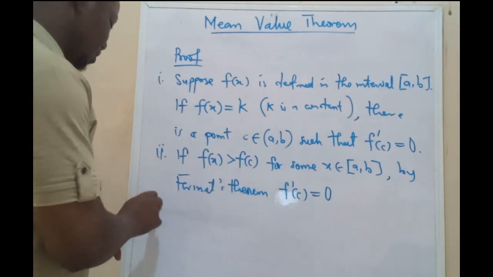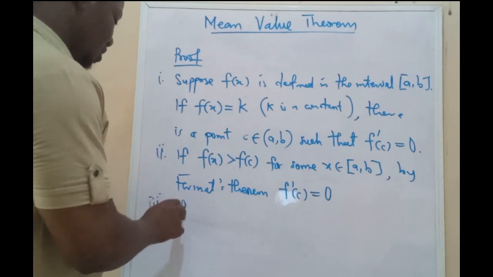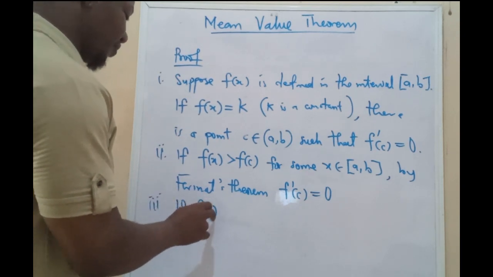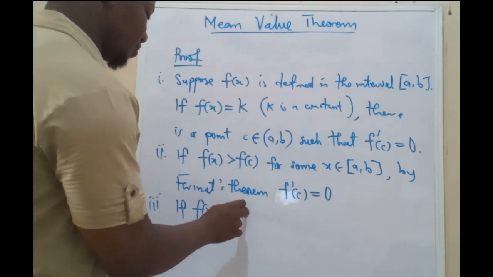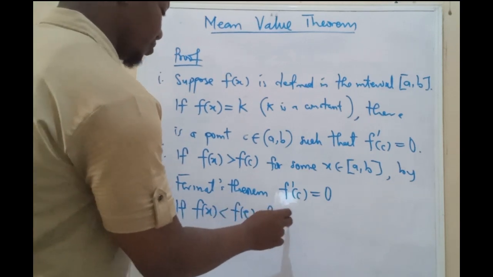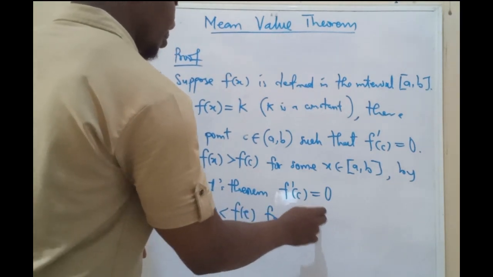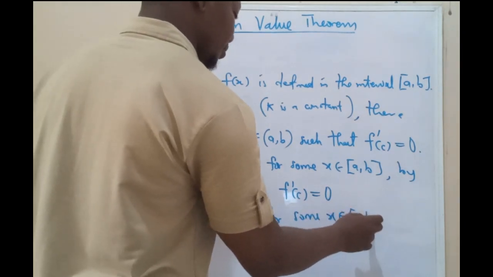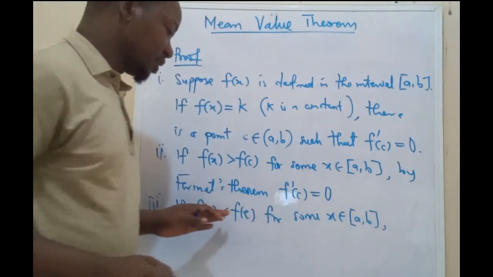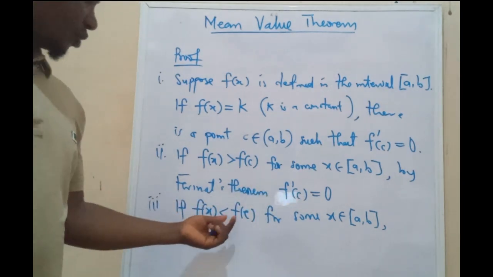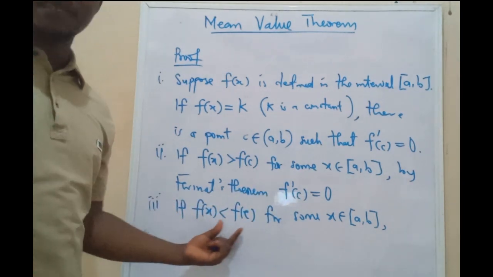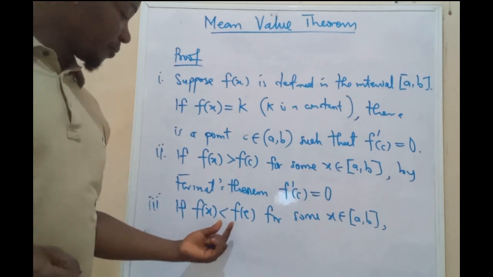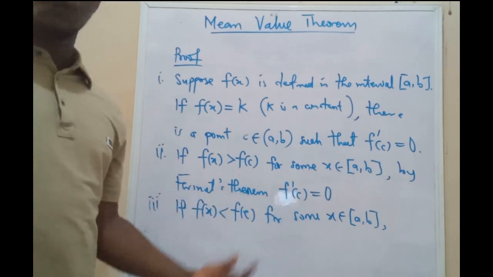And thirdly, if f of x is less than f of c for some x in AB, also by the Fermat theorem, we say this function has a maximum at c. And in that case, by Fermat theorem, this also is 0.